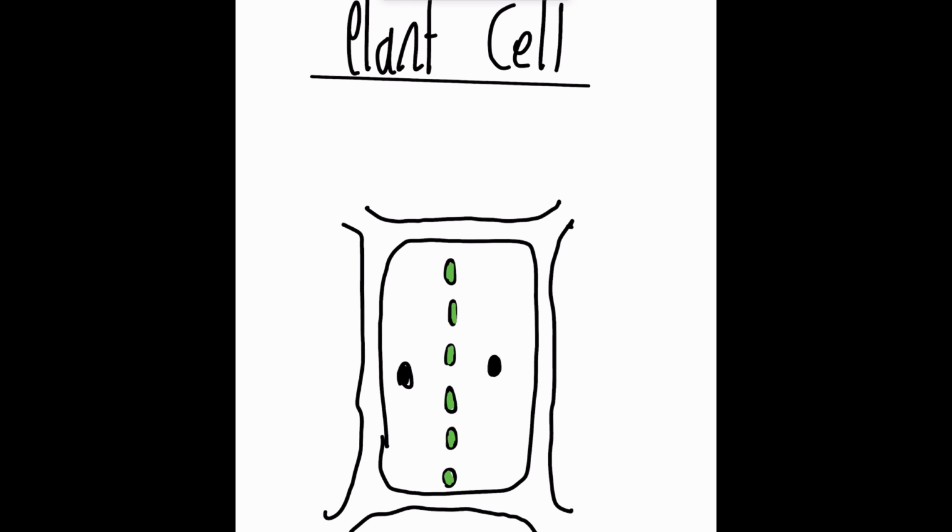Now, these vesicles will start to combine with one another, like this, like this, and so on and so forth. And in the end, it forms one large plate running in the center of the cell. This plate is called the cell plate.